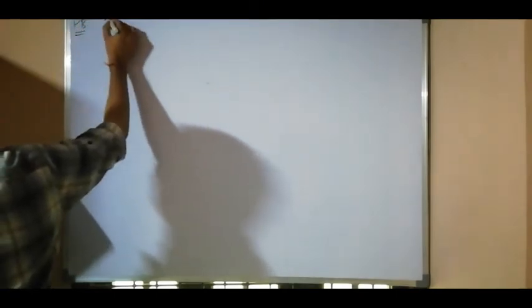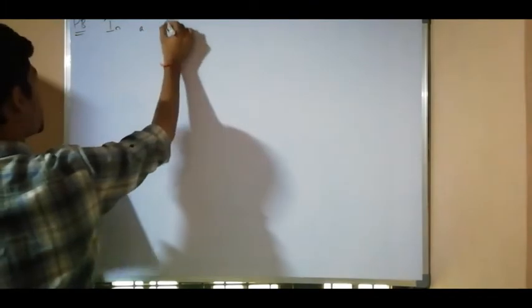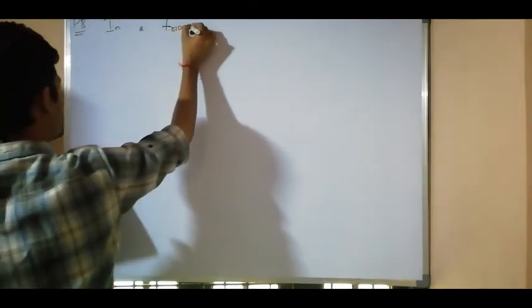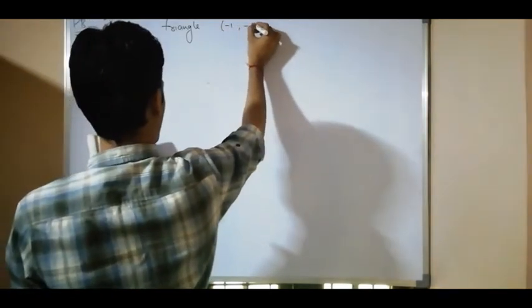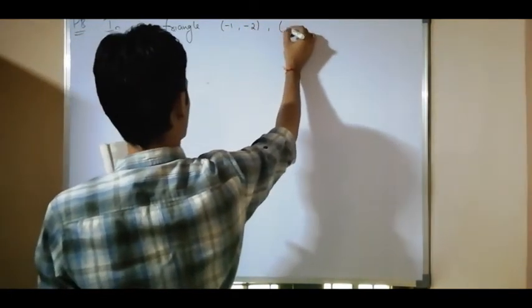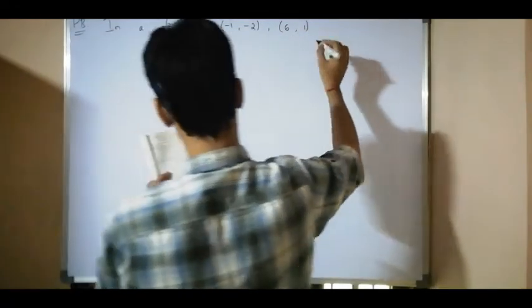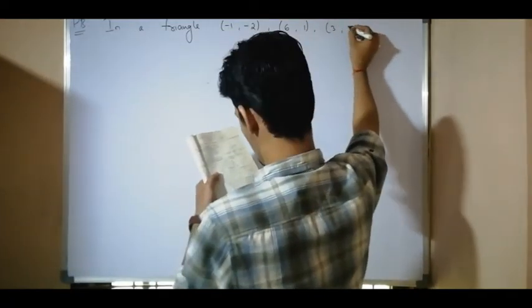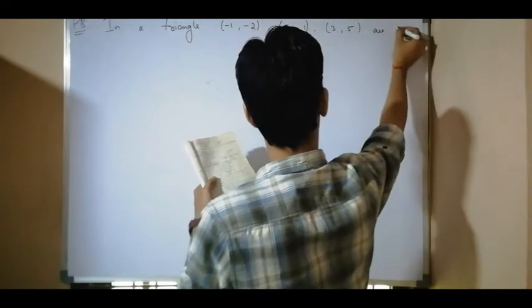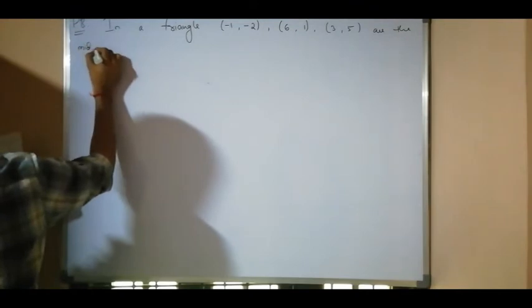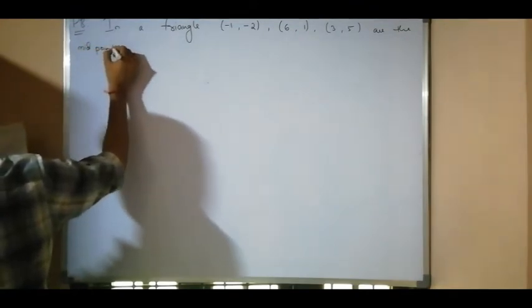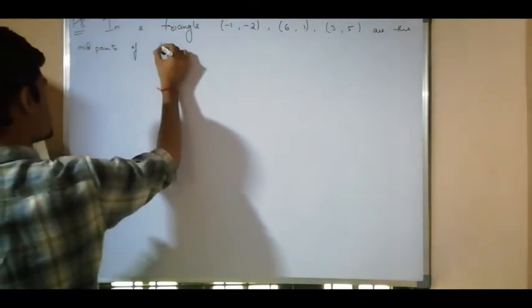Problem: in a triangle, (-1, -2), (6, 1), (3, 5) are the midpoints of its sides.